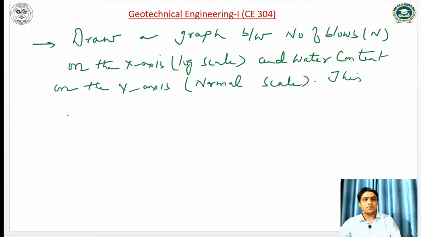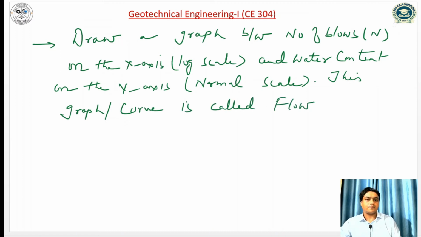This graph or curve is called flow curve. So flow curve is the graphical representation of number of blows on the x-axis in log scale and the water content on the y-axis in normal scale.